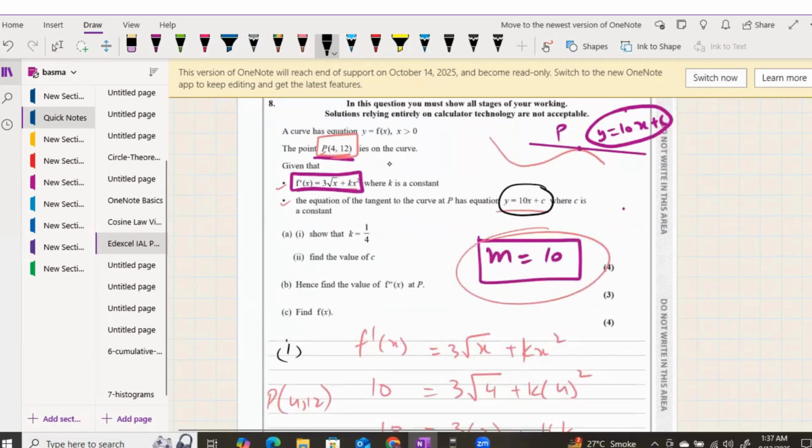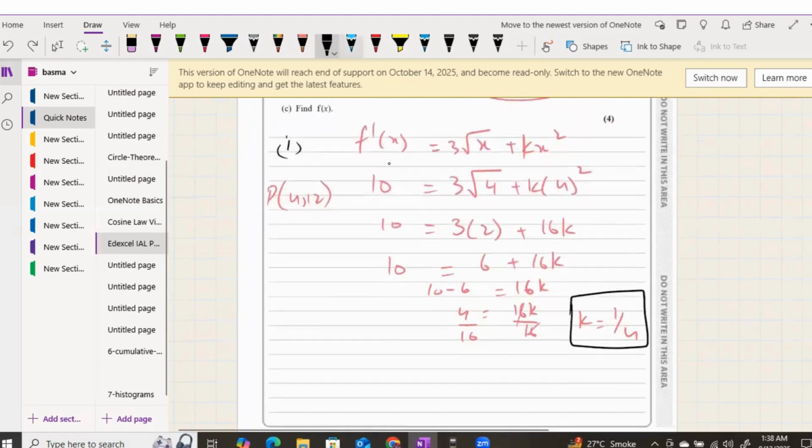If the tangent line equation is given, and we have to find c, and that tangent is passing through the point P, you can substitute that point into the tangent equation, as that point lies on the tangent. So part 2: we know that y equals 10x plus c, and point P, which is (4, 12), lies on the line as well.